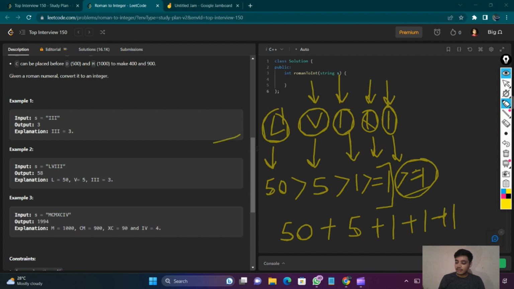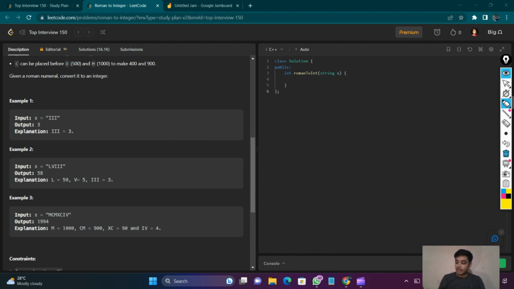So this is clear. Now let's take one example where the sequence is opposite. So we are going to take the third example, which is given as M C M X C I V. So here you can see that the value for M is 1000 and the value of C is 100.